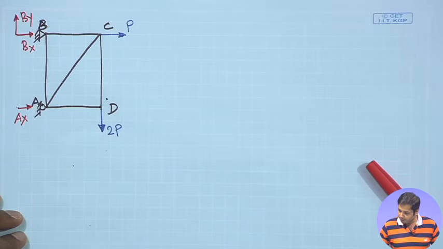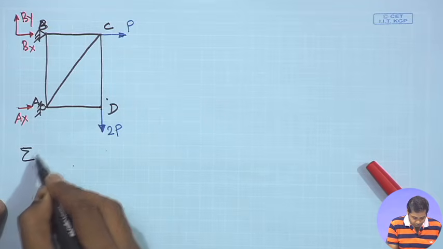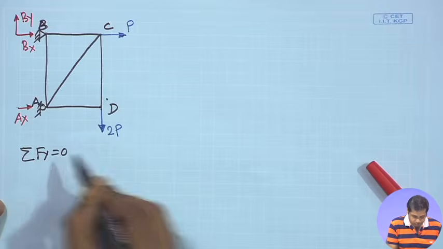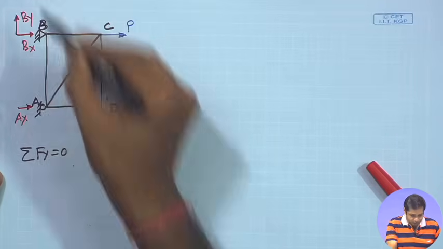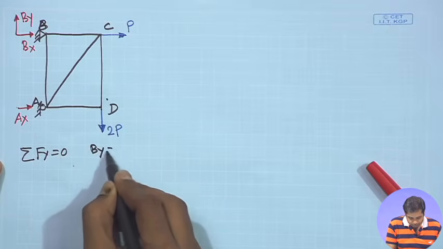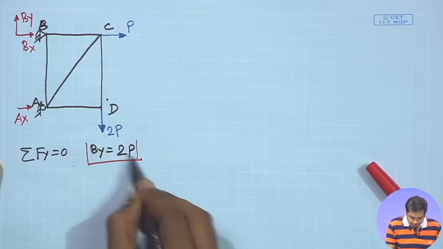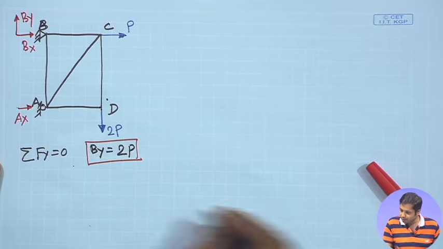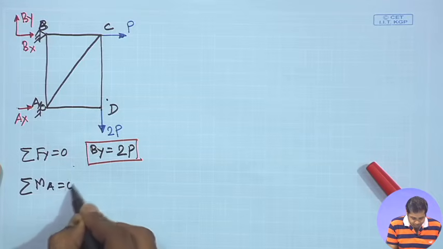Now, if we apply the equilibrium equation, summation of Fy equal to 0, the forces in the Fy direction are 2P and By, which gives us By is equal to 2P. Then we take summation of moment about A equal to 0.